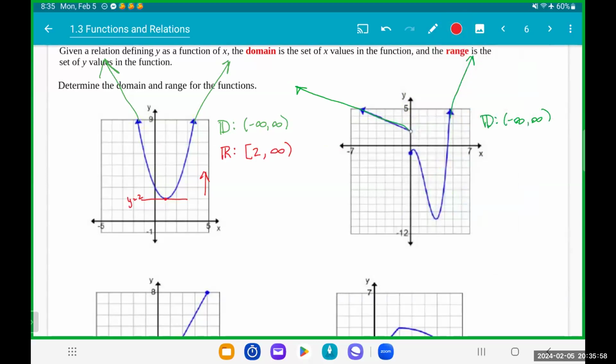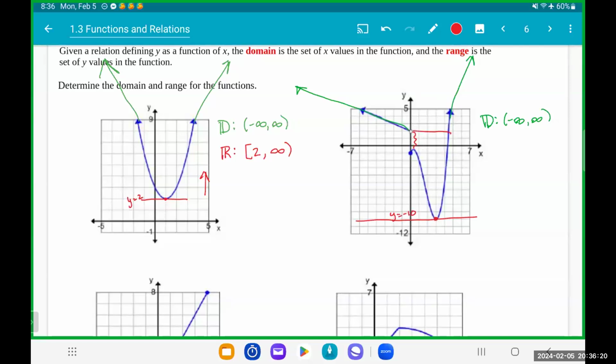My range, on the other hand, again, these arrows, they're going to go up, up, up until forever. But where I'm limited is this point right here, which happens at y equal negative 10. You say, but what about this space where I'm jumping from one graph to the next?